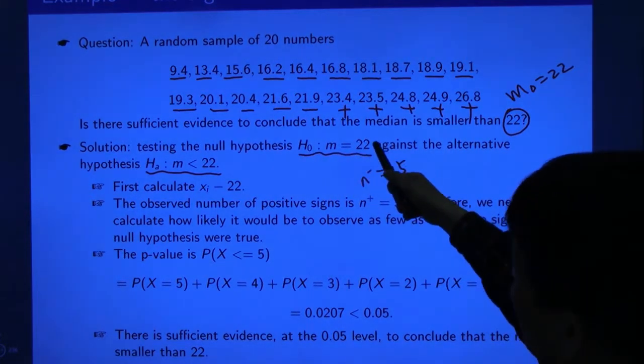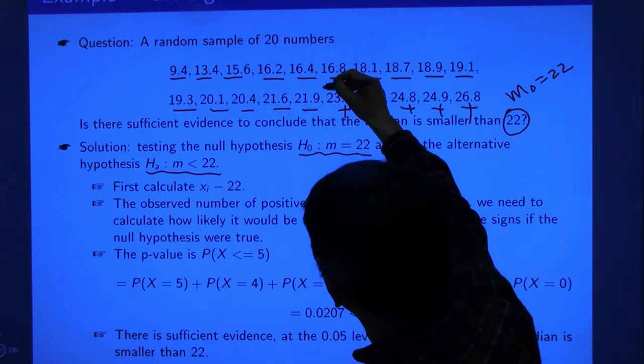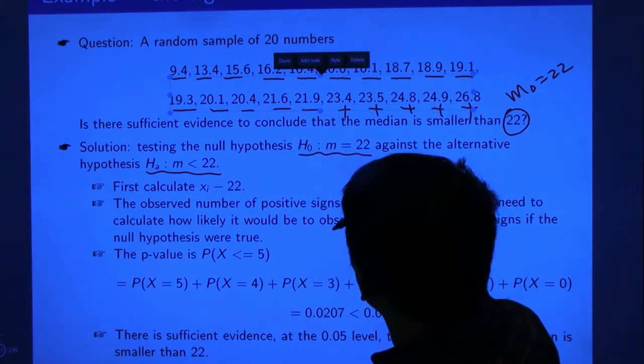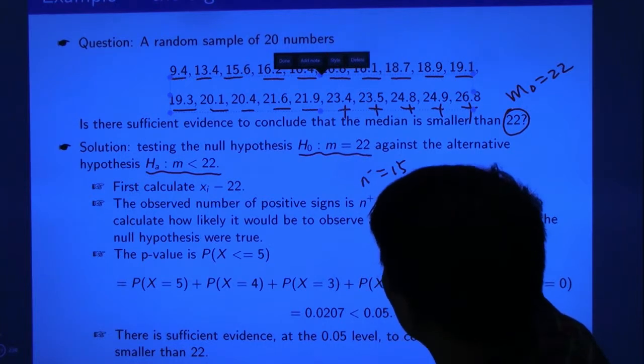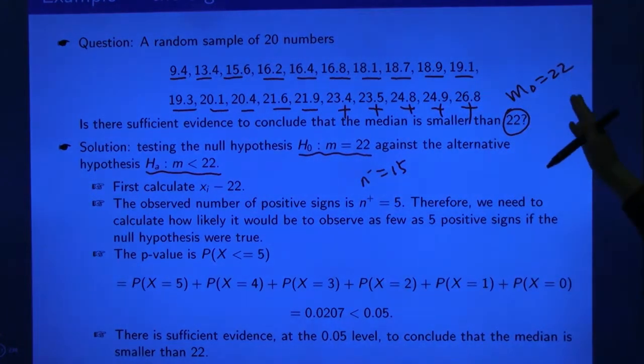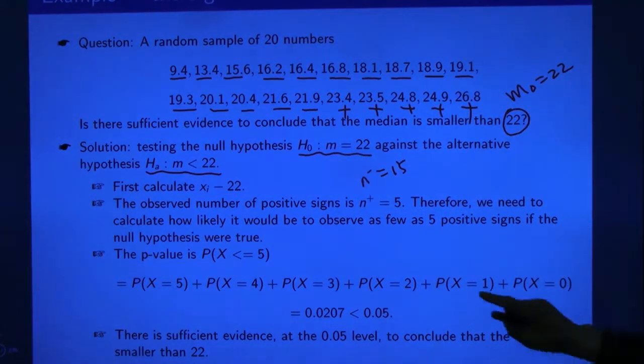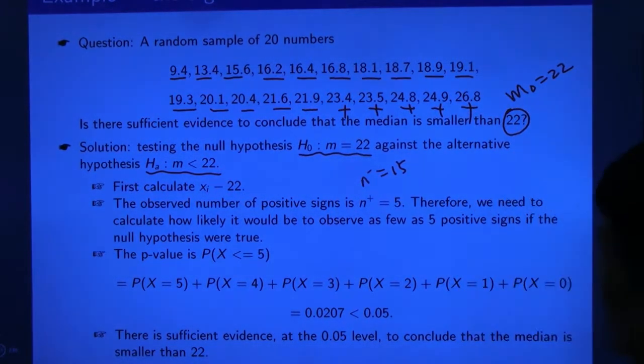If there were one, for example suppose this one equals 22, then the difference equals 0, and N minus would be 14 and N would be 19. We cannot count the numbers with a 0 difference. But in this example, we do not have a 0 difference. So N plus equals 5, N minus equals 15.